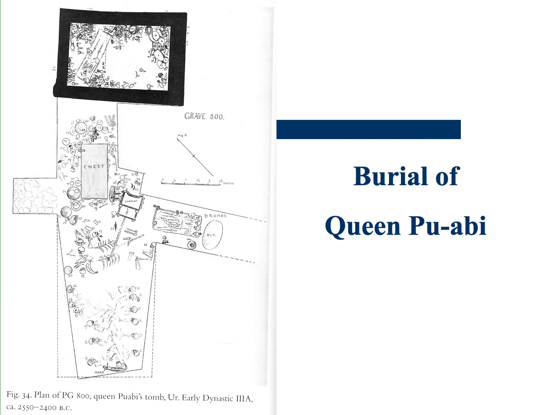And these people did not die of natural causes. They died because Queen Puabi died, and she needed them to take care of her in the afterlife. And so they were all executed and placed in her grave with her as her attendants into the afterlife.